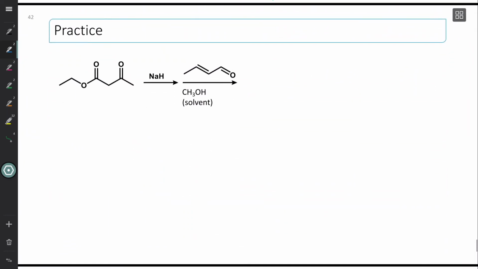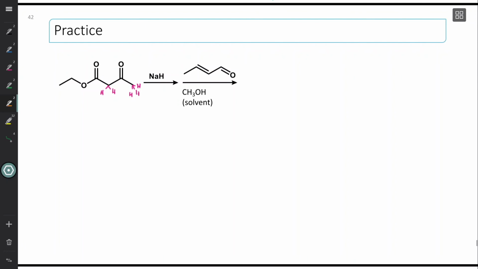Okay, here's a practice. We'll work through this one. We'll draw the whole mechanism for this. So again, here we have options for our base. We could deprotonate a few and make different nucleophiles, different enolates.